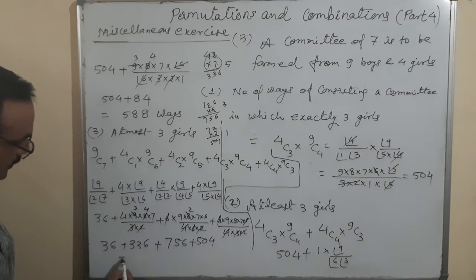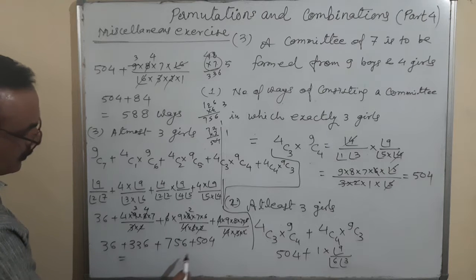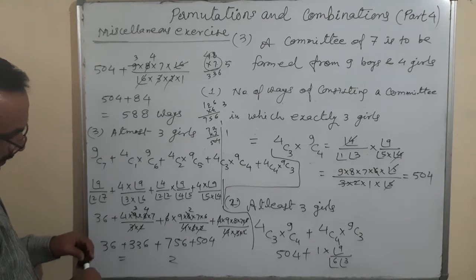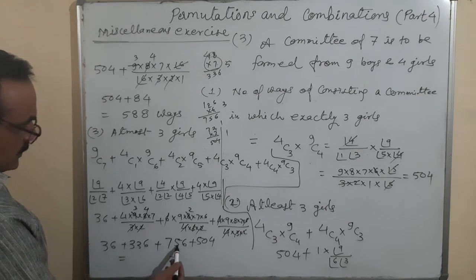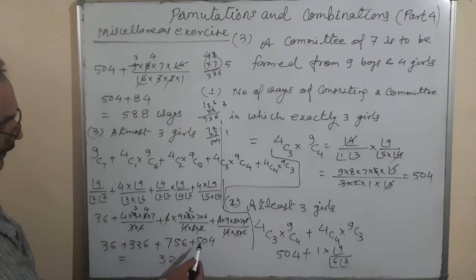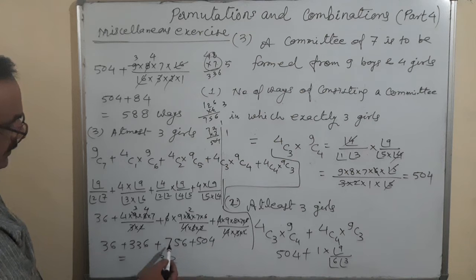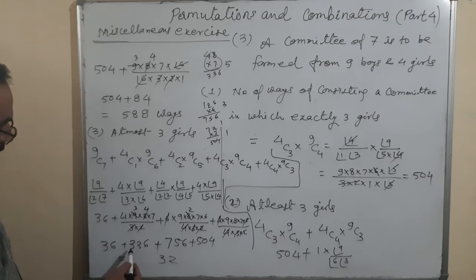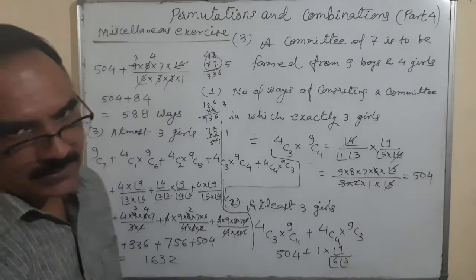Okay, and we are going to add them. 6 plus 6 is 12, 18, 18 4 is 22, 2, 5 7, 7 3 is 10, 10 3 is 13, 1 in the third place, 6 7 is 13, 13 3 is 16, 16 32 ways.